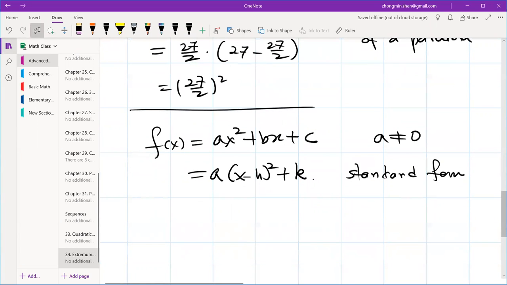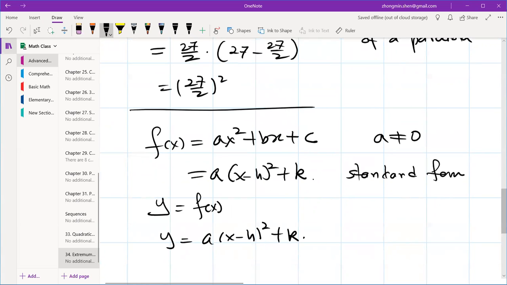All right, then you consider the corresponding equation. For an equation, you need two variables. This is the corresponding equation. In more detail, y equals a times (x minus h) squared plus k.